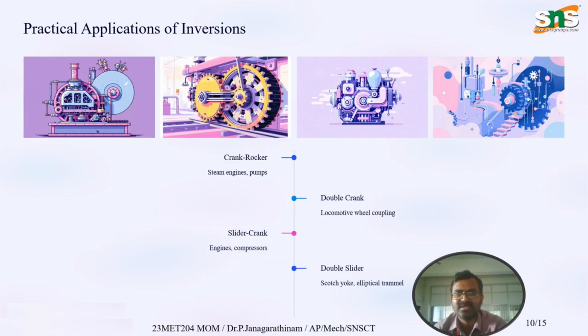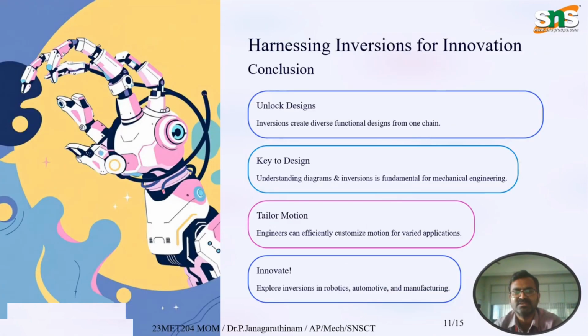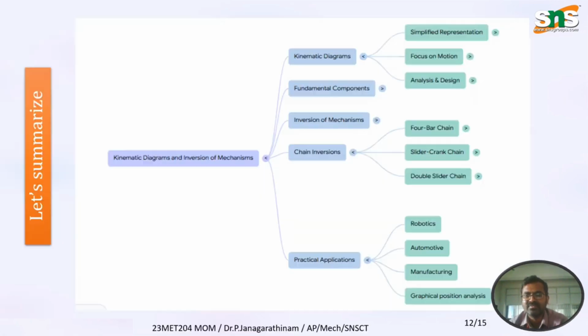The practical applications include the crank rocker, steam engine, pumps, engine compressor, locomotive wheel coupling, Scotch yoke, and elliptical trammel mechanisms. By harnessing inversions, analyzing designs and understanding the diagrams, engineers can efficiently customize the motion and explore inversions in robotics, automotive, and manufacturing.